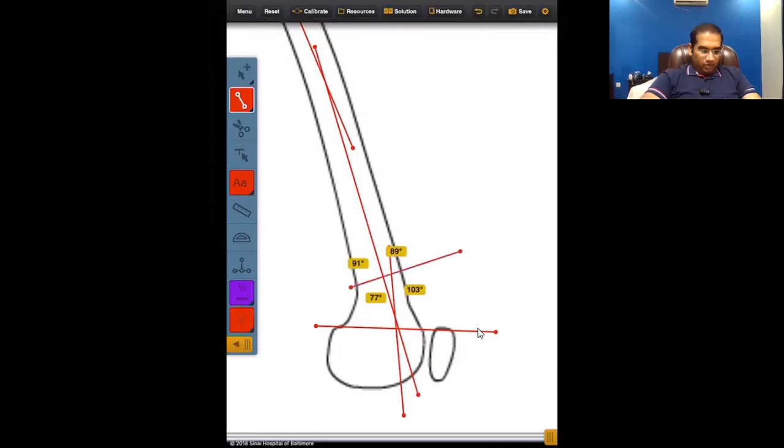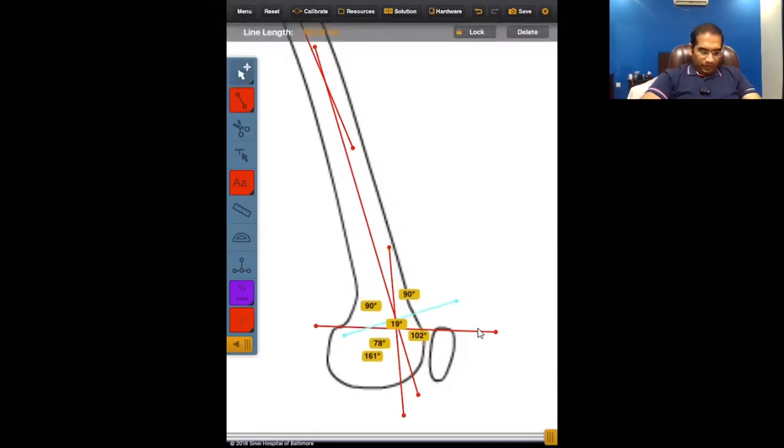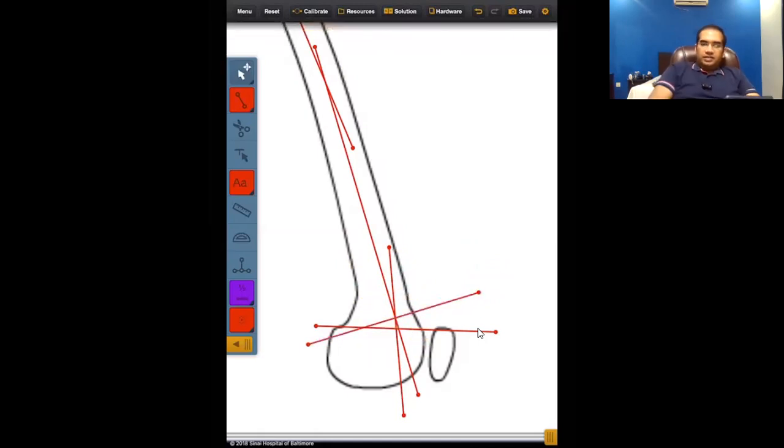Now let me draw. As you can see, here is my bisector. It is crossing through the condyle. I can never do an osteotomy over here.